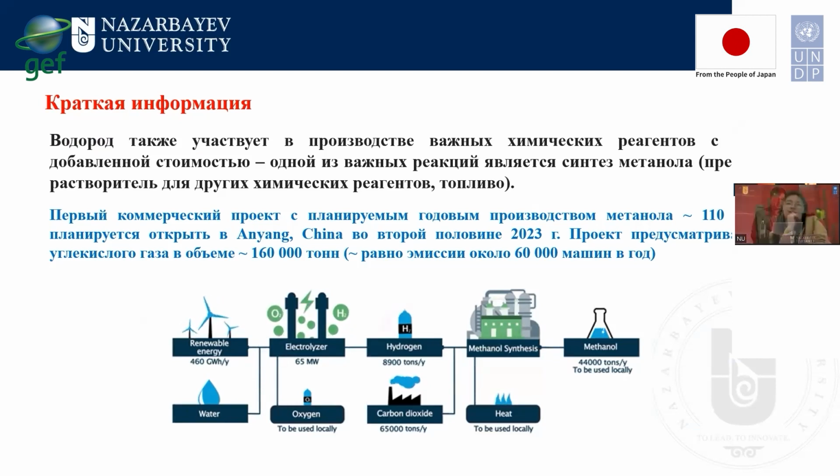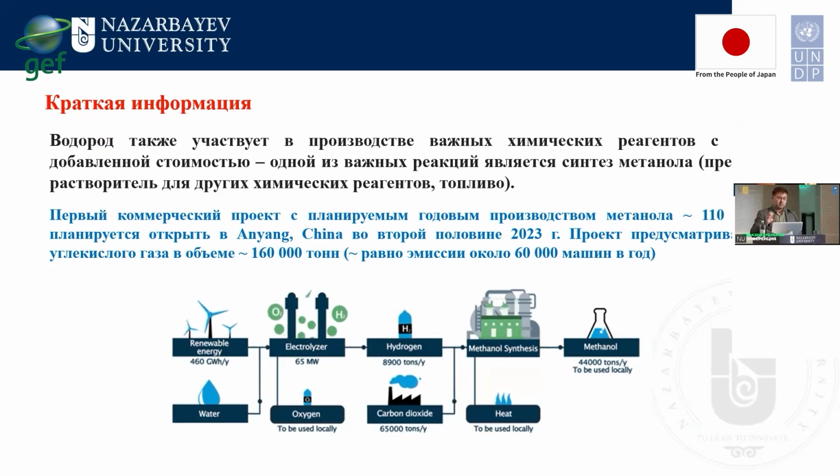The first commercial project, with planned annual production of methanol of 110,000 tons per year, is planned to open in the second half of 2023 in Anyang city in China. The project provides for the collection of around 160,000 tons of CO2 from the air.